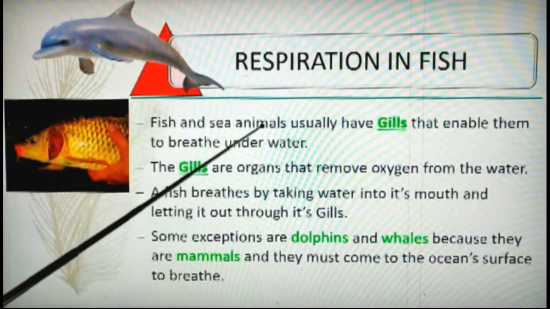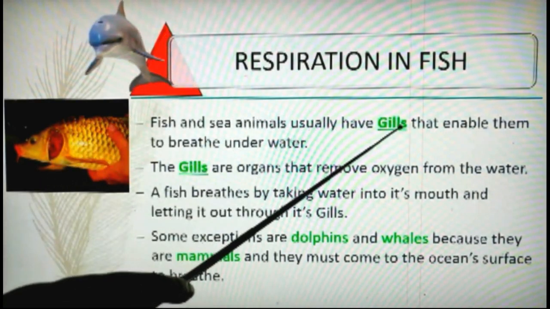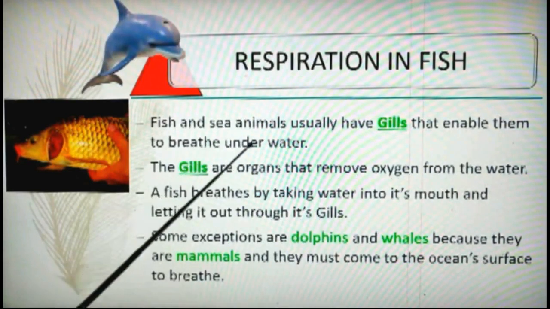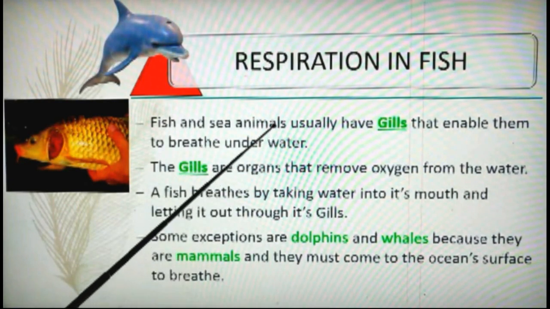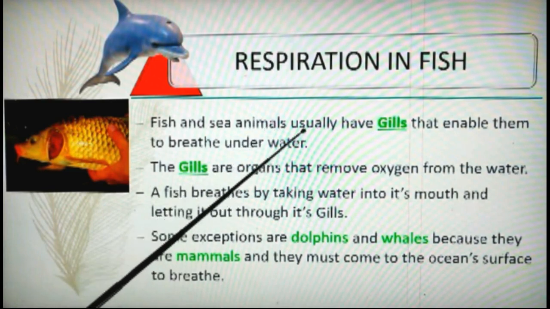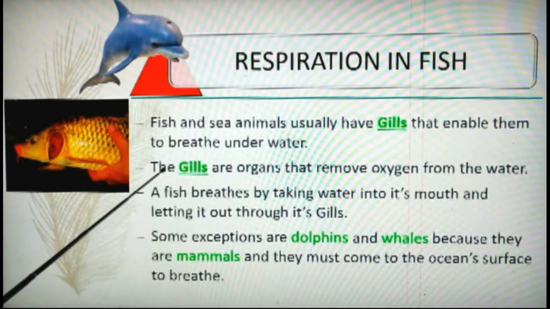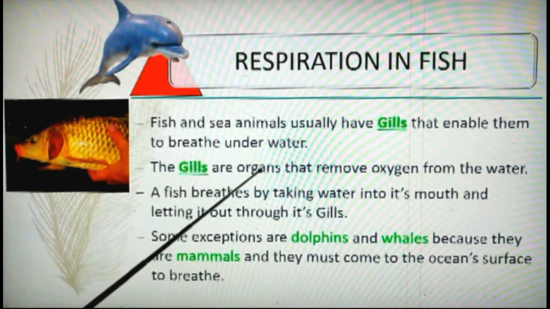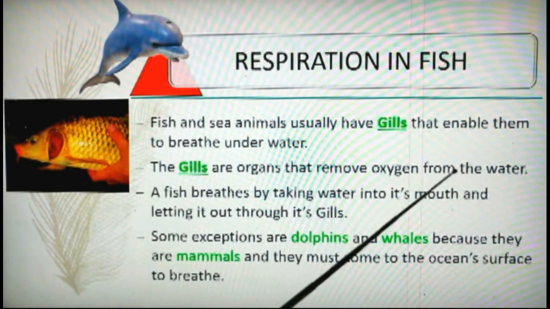Fish and other sea animals usually have gills that enable them to breathe underwater. As they are living in the water, they do not have lungs like us. They have gills. The main function of gills is that they are the organs that remove oxygen from the water. In the picture, you can see the gill very clearly here.